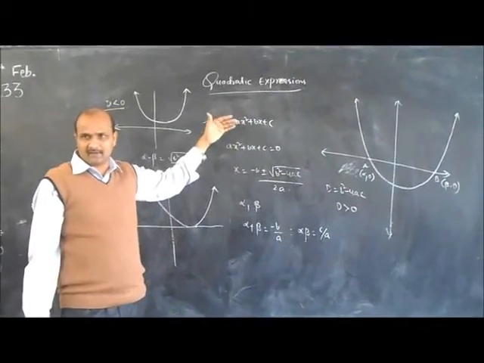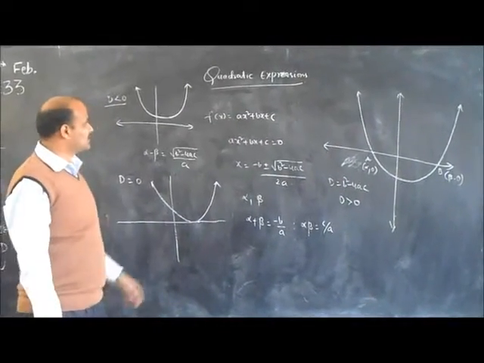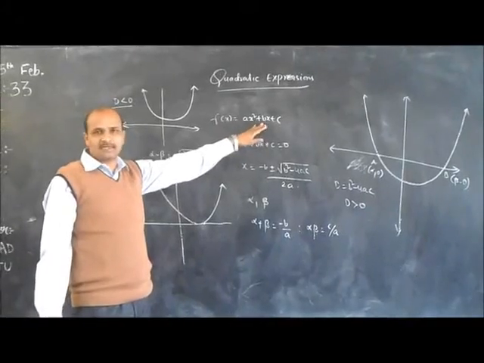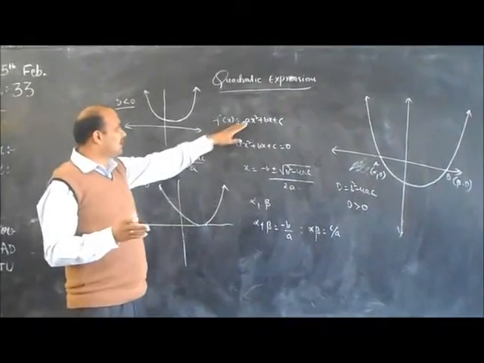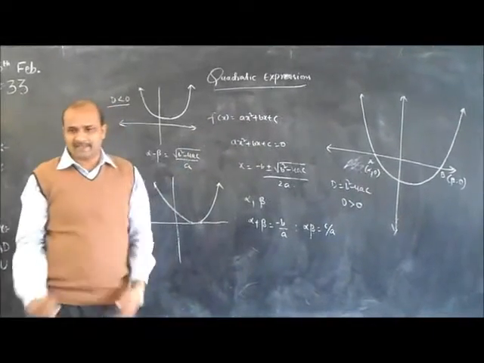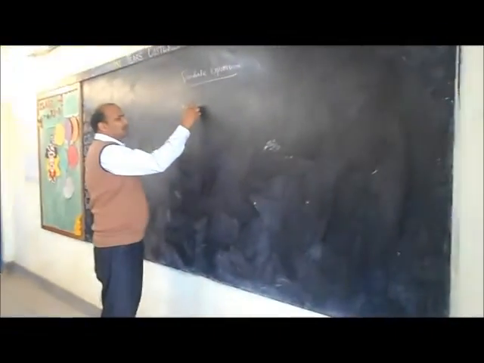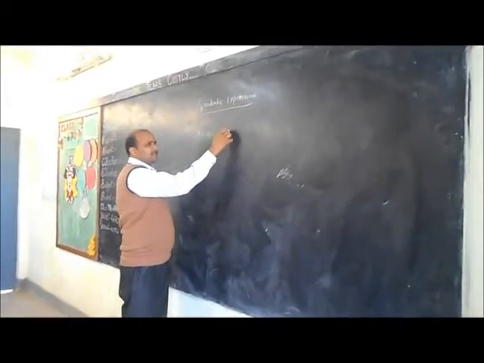Now we have the relation between f of x and a. The expression f of x is equal to ax square plus bx plus c. So how do the roots and the value of a and f of x relate?